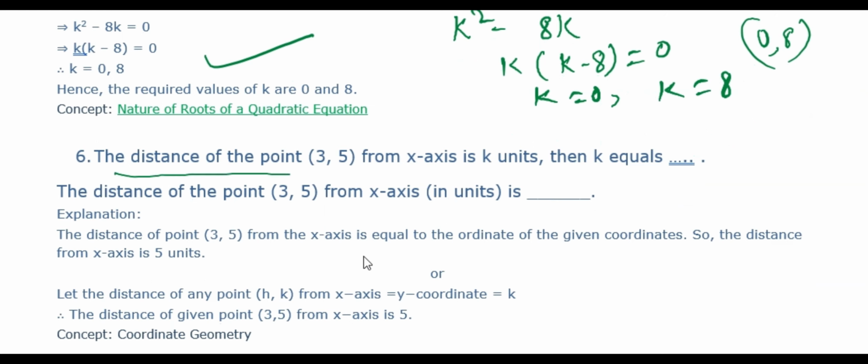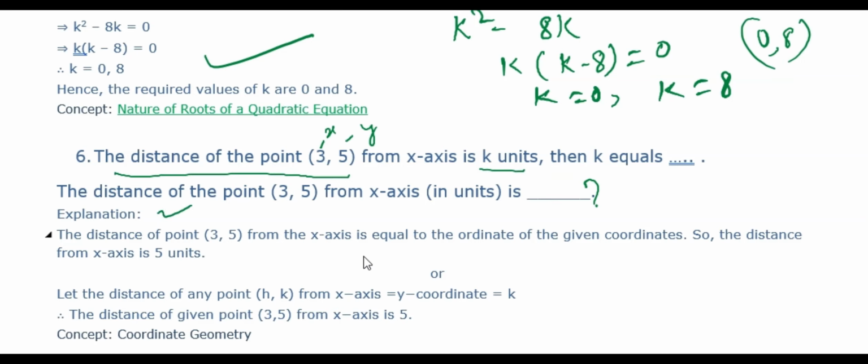The distance of point (3, 5), it is in a pair, 3 indicates x and 5 indicates y, from the x-axis is k units, then k equal to what? The question asks the distance of point (3, 5) from the x-axis in units.